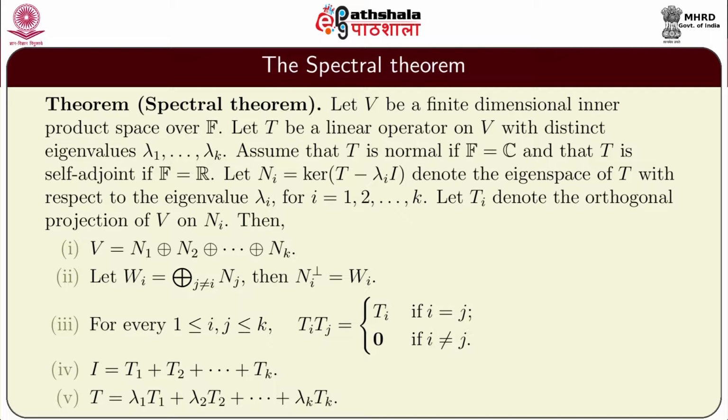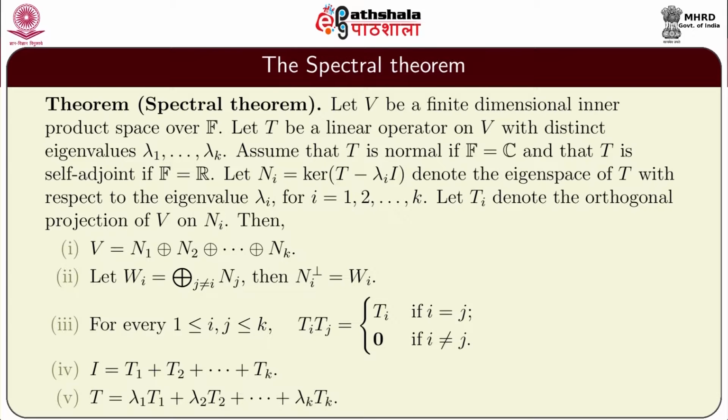Then the first part of the theorem says that V is a direct sum of N1, N2 and so on up to Nk. Second part says if Wi is given by the direct sum of Nj's for j other than i, then Ni perp is equal to Wi.